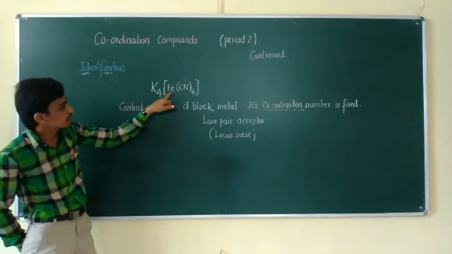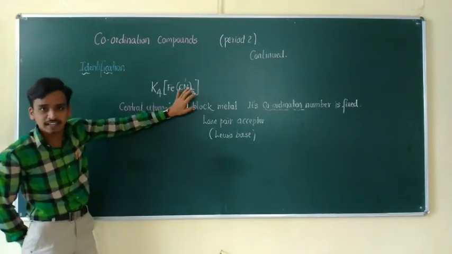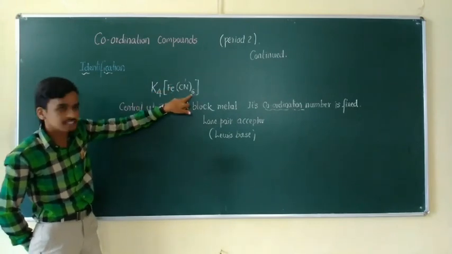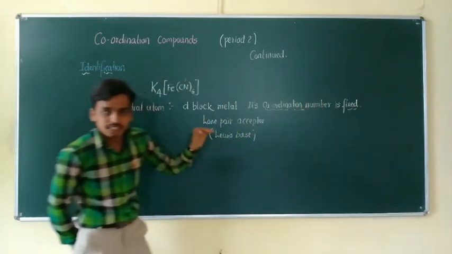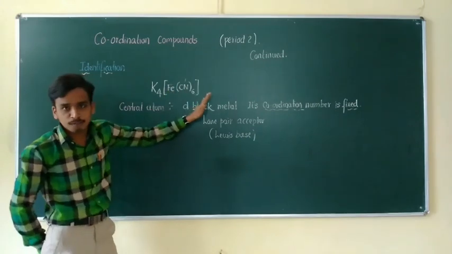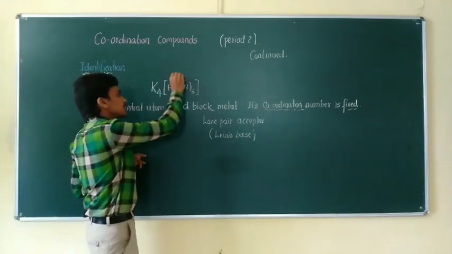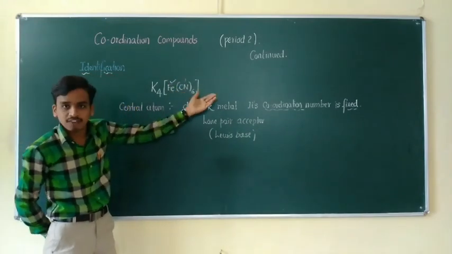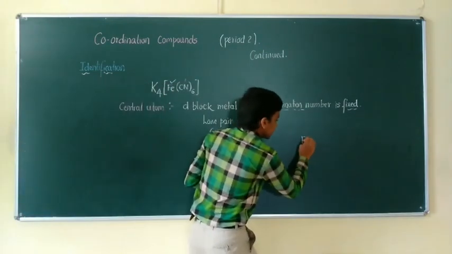Just observe here, iron is surrounded by 6 different cyanide molecules. It means the coordination number for iron is 6, and this coordination number is fixed, meaning the number is always the same. Not only in this complex, but in every complex where there is iron, it always receives 6 lone pairs of electrons. How is it receiving the lone pairs? Just identify this diagram.